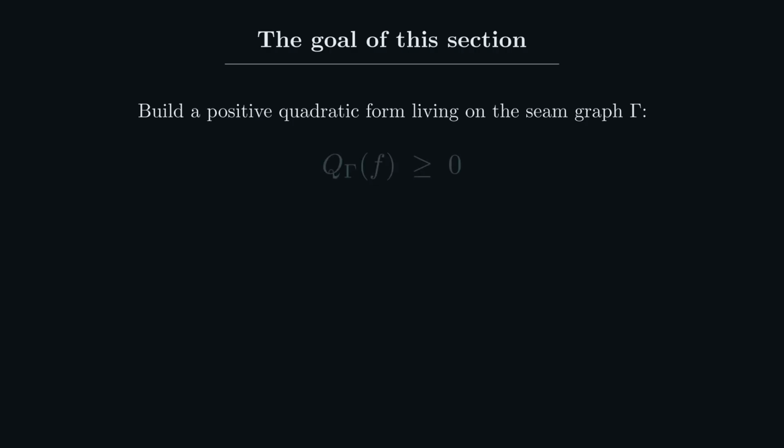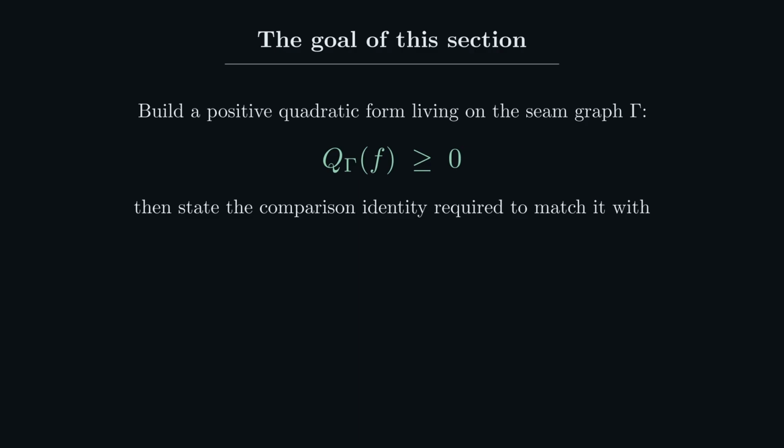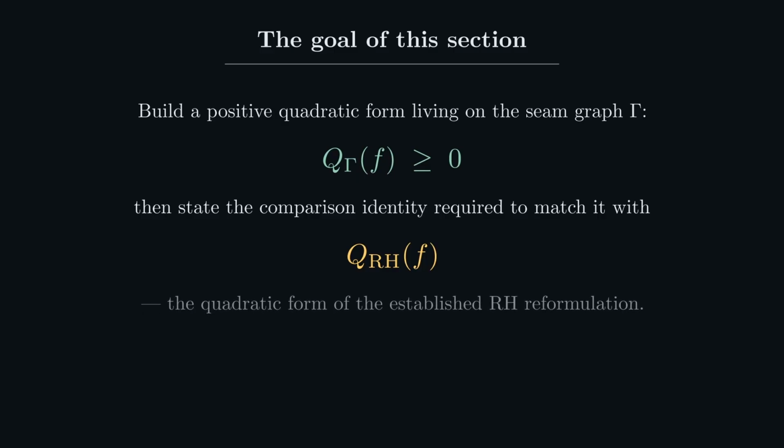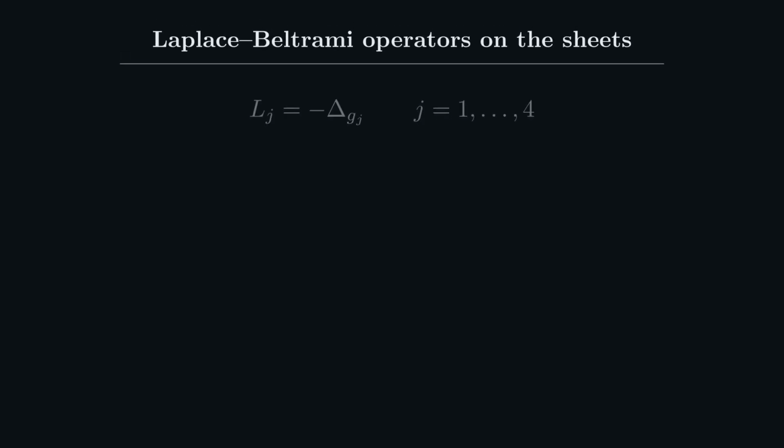So the goal is to build a positive quadratic form living on the seam graph gamma. And then we're going to want to match it up with a quadratic form of previous construction, which was when you look at the cone local modes, and then you toggle from the cone local high energy modes with that theta function, Jacobi theta.